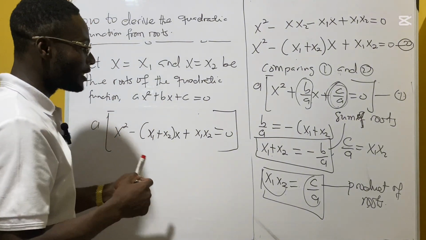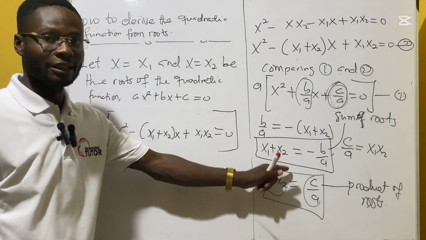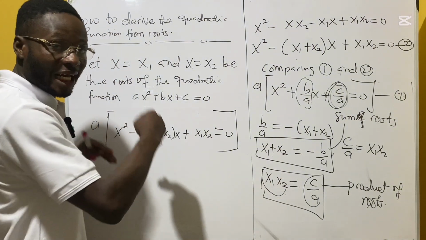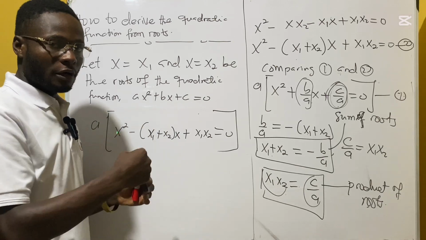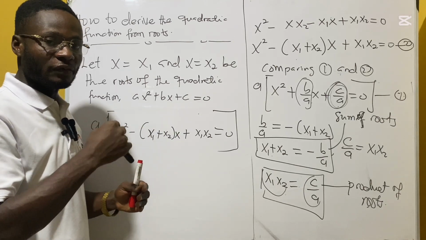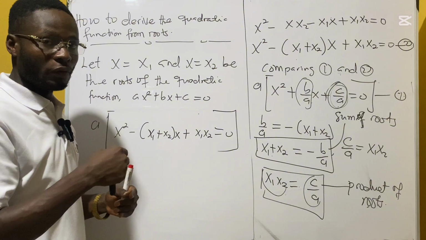So we just do substitution from the formulas that we obtained to get our equation of the quadratic function from roots.